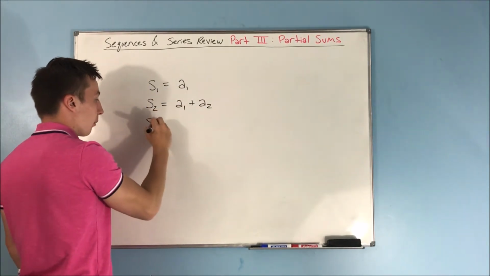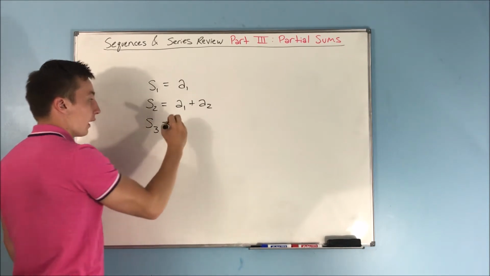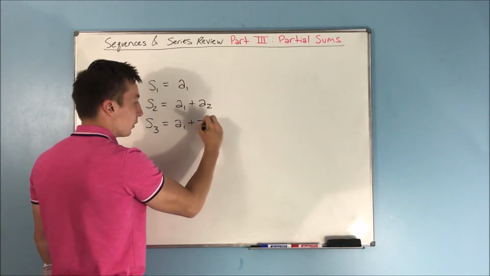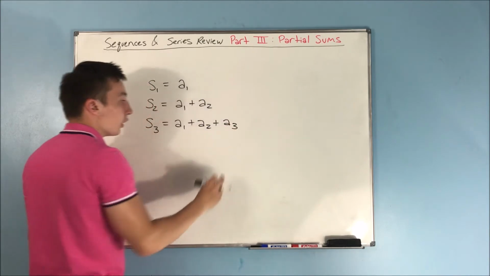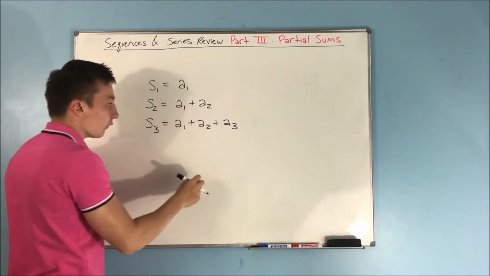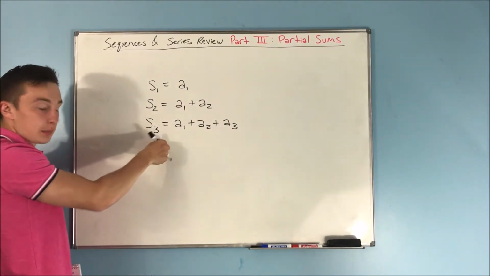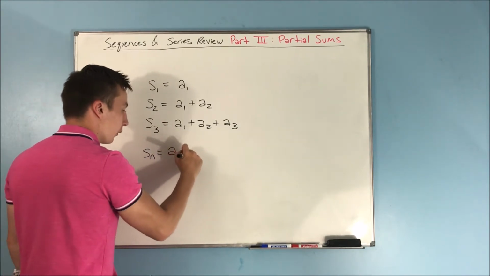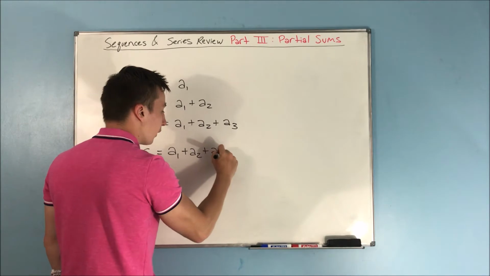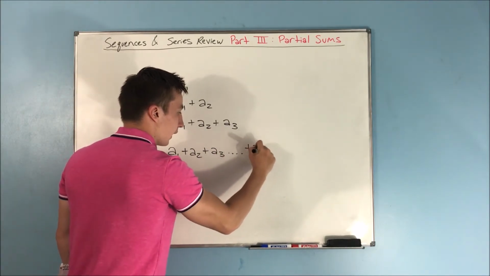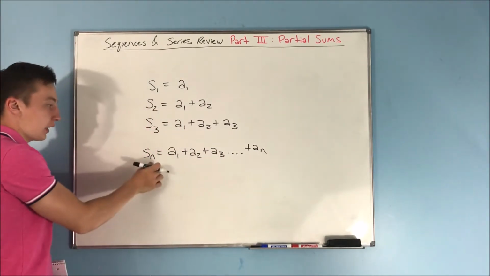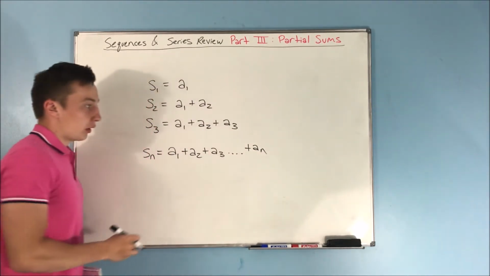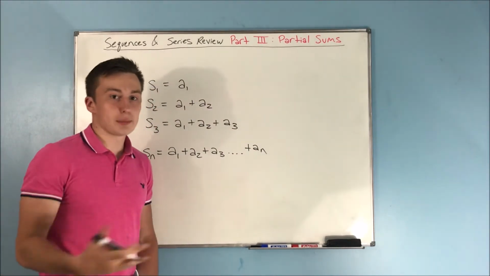If I wanted S sub 3, well then that's a sub 1 plus a sub 2 plus a sub 3. So it's the sum up to this many terms. If you had S sub n, it would be a sub 1 plus a sub 2 plus a sub 3 ... plus a sub n. So it would be the sum of the first n terms, I guess you could say.